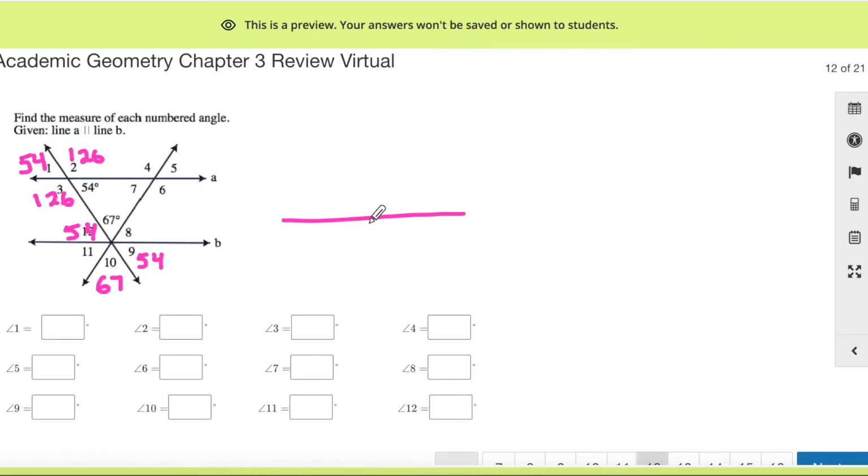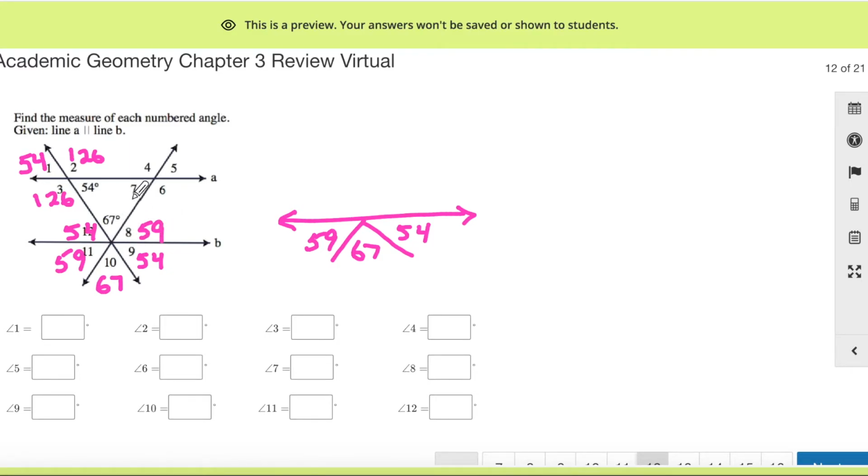Down on the bottom here, you have angle 9, which is 54. You have angle 10, which is 67, and this is a straight line. So we have to add up all three of these numbers to equal 180 degrees. So this one is going to be 59 degrees, which makes angle 8 59 degrees because they're vertical.